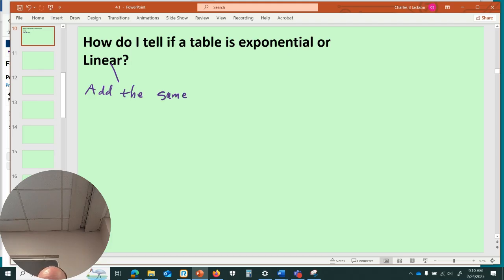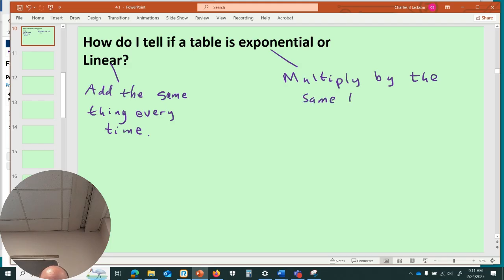Add the same thing every time. And exponential is multiply by the same thing every time. Okay.